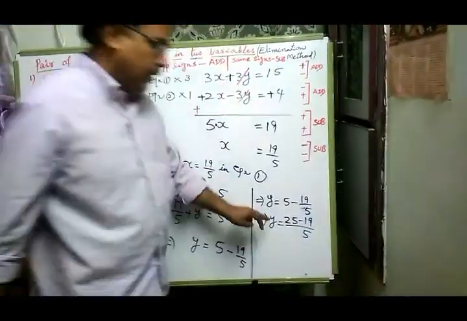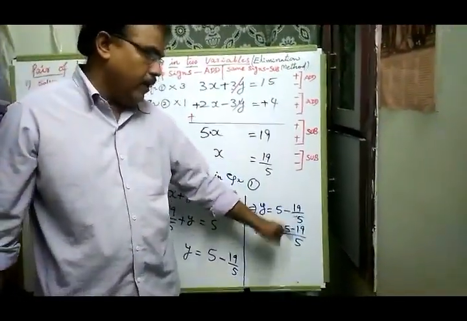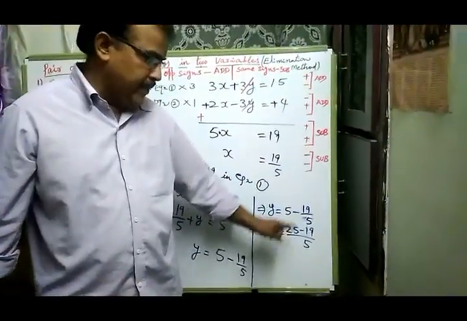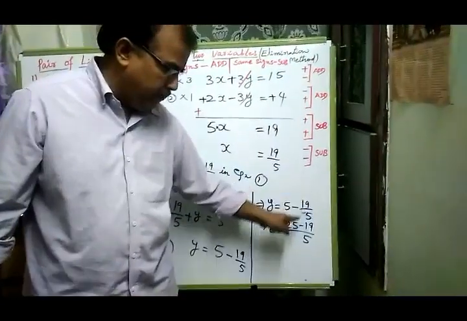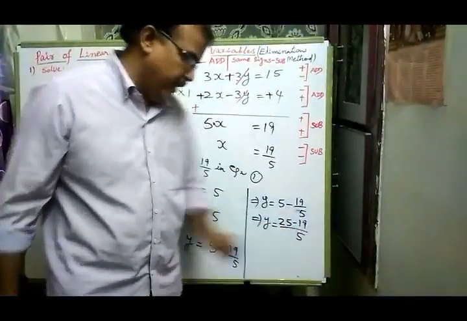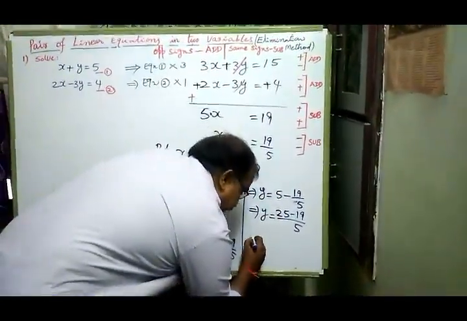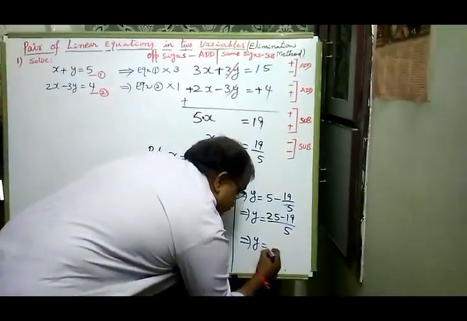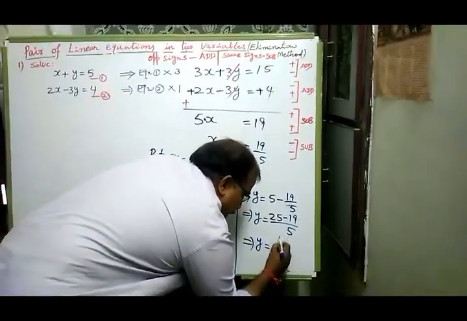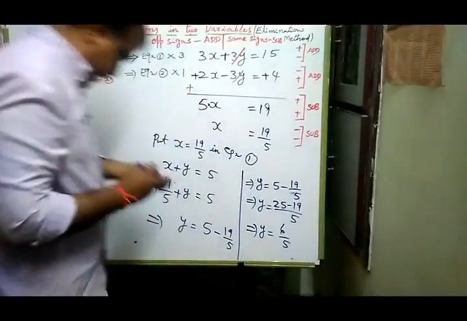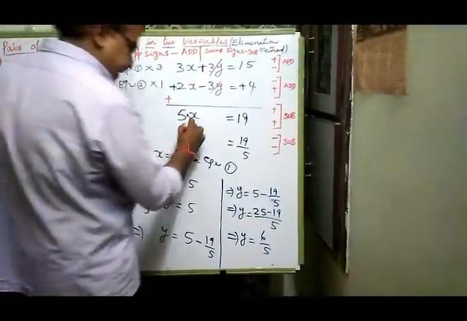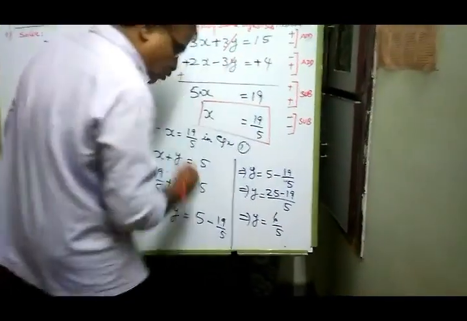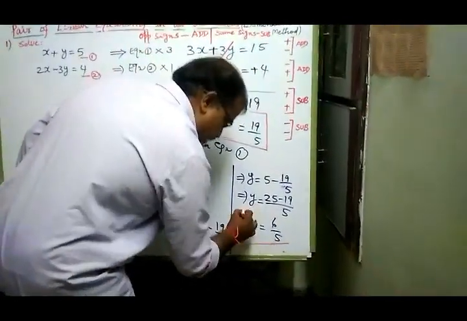Taking the LCM, 5 fives are 25, 25 minus 19 over 5, so y is equal to 6 by 5. Finally, I got the x value as 19 by 5 and the y value as 6 by 5.